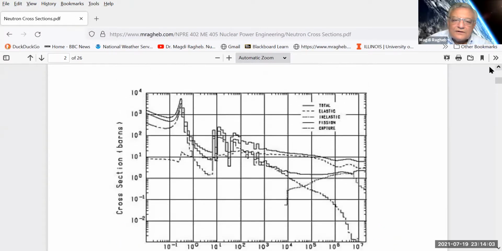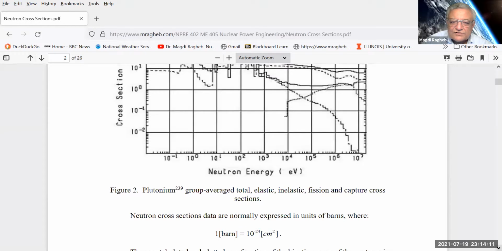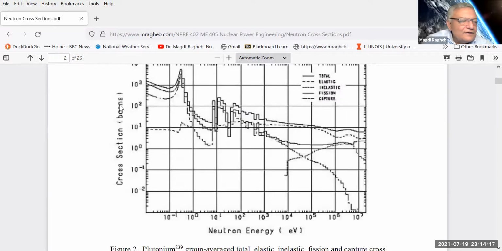The data here can be obtained from the chart of the nuclides under a legend that gives us basically those graphs of cross-sections. Now we have to address the issue of that area. How do we measure that area? A nucleus area is very, very small. An atom also, its dimensions are very small.